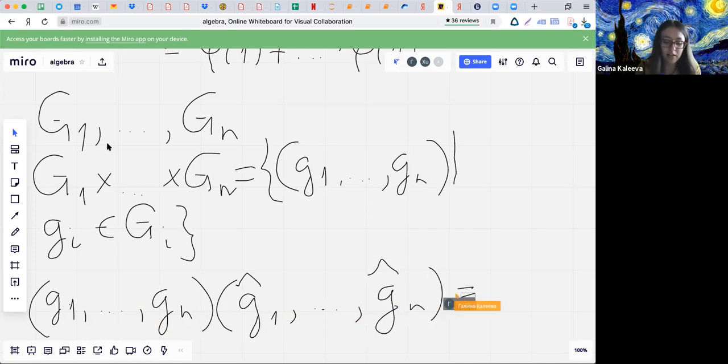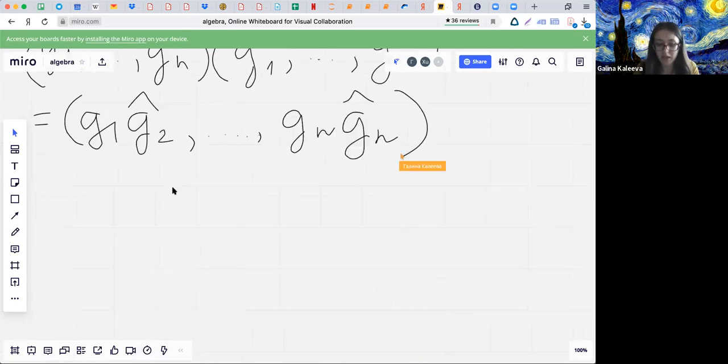We merely take the elements from the first positions and multiply them as in G1, then on every other position, and finally gn to gn hat, using the operation which is in our last group, Gn. Here every operation is the same as in G1 or G2 in the corresponding groups. Okay, is it clear?